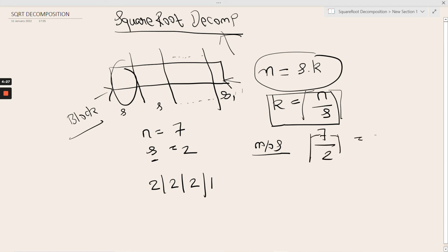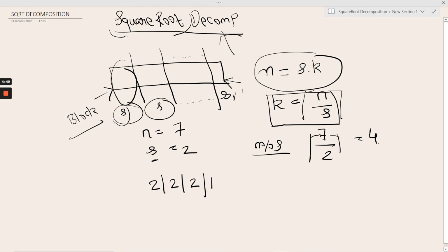Now the question is why are we dividing this into blocks, and what is the optimal block length, block size? How to decide on this s parameter? For that comes the other part of the technique, which is called square root.